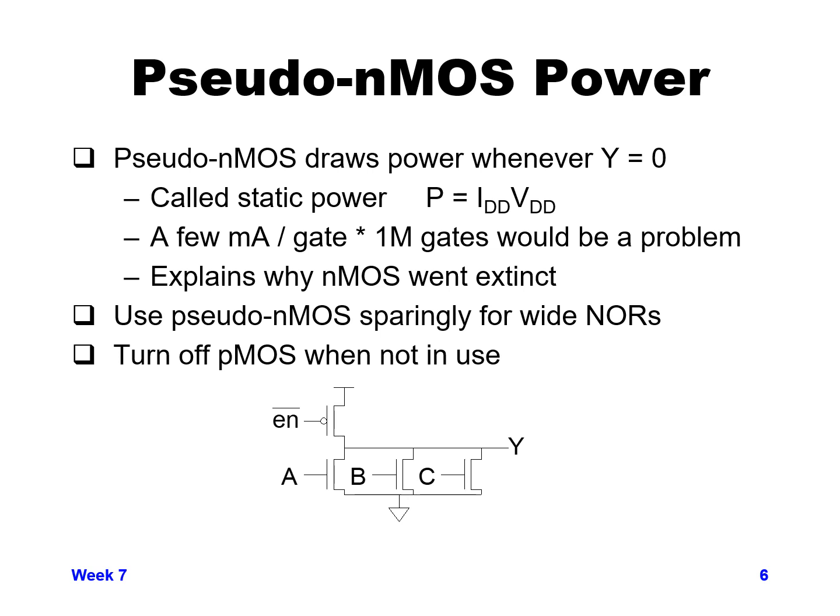As I mentioned in the previous slide, pseudo NMOS does draw power whenever the output value, in this case Y, is being pulled low, to a logical zero value. This is what's called static power. It's not power consumed while you're switching between 0 and 1, while charging or discharging a capacitor.